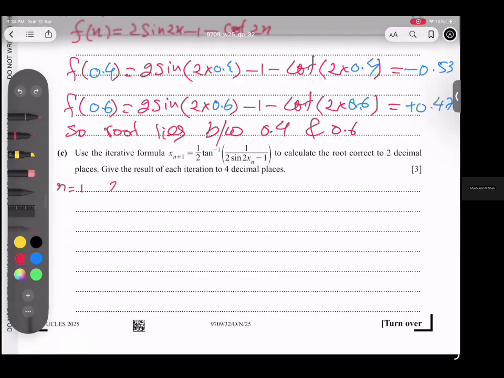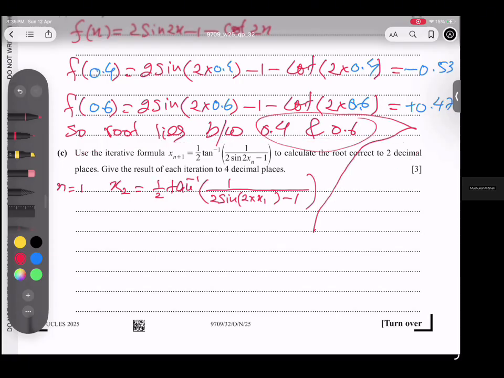So I'm getting x2 equals half tan inverse of 1 over 2 sine 2x1 minus 1. Important part: what is the initial value? It's not given, so take the average of 0.4 and 0.6. 0.4 plus 0.6 divided by 2 gives us 0.5.